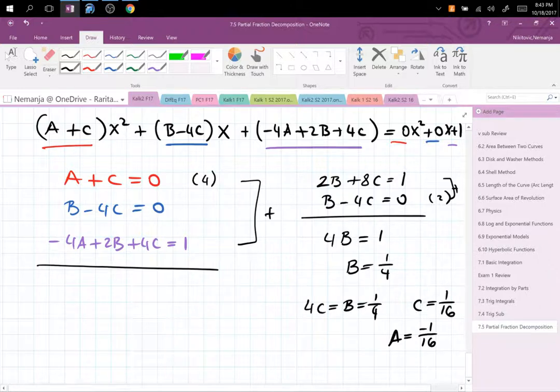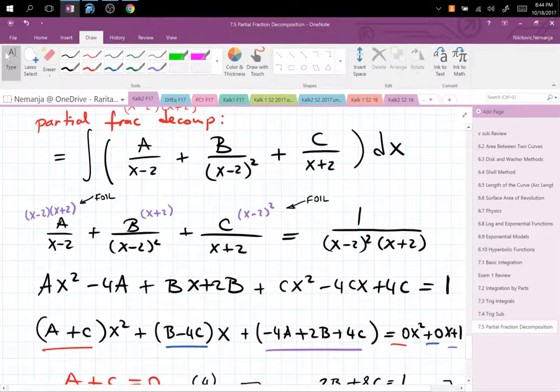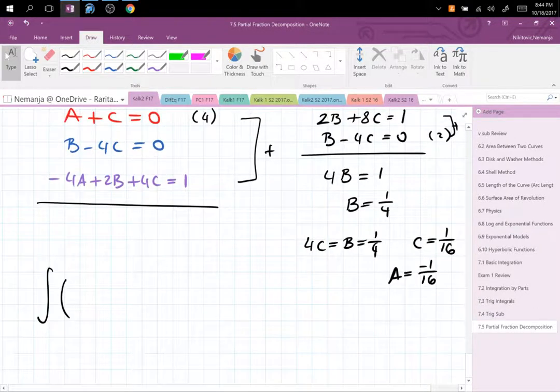Solve these equations whatever way you know. Elimination, substitution, matrix, whatever. So now I have my A, B, C. So what's the integral? It's the integral of a over x minus 2. So a is negative 1/16, 1 over x minus 2.